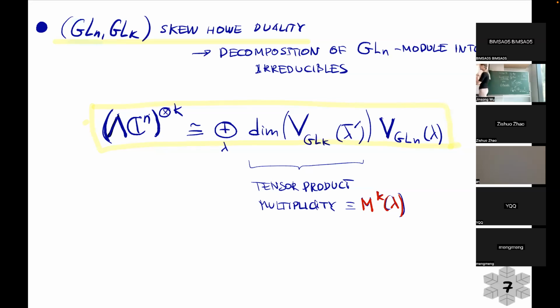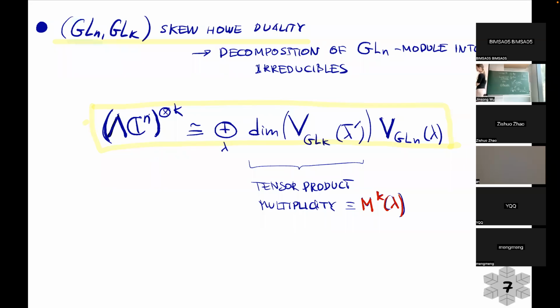This skew Howe duality GL_n, GL_p, which we have established previously, could be seen just on the level of the tensor product decomposition of representations of one of the groups in a pair. So what happens here?